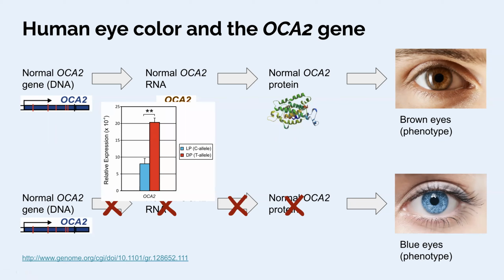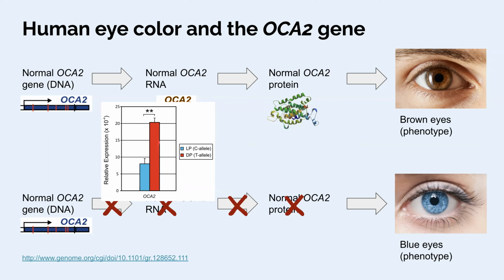And here's one piece of evidence from the study that I've got linked there. It shows that the production of the RNA transcript on the y-axis here, called relative expression, is a lot bigger in people who have this one version, this allele, DP, dark pigmentation versus light pigmentation.